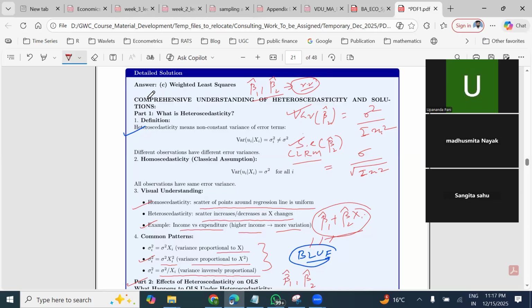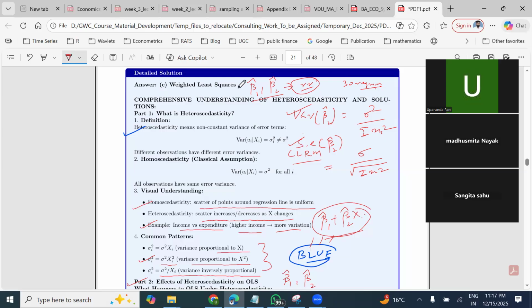Now the question is, if there are 30 regressions and I have to evaluate which regression is better, how will I do it? I have to check the reliability of this beta 1 hat and beta 2 hat which you had estimated.